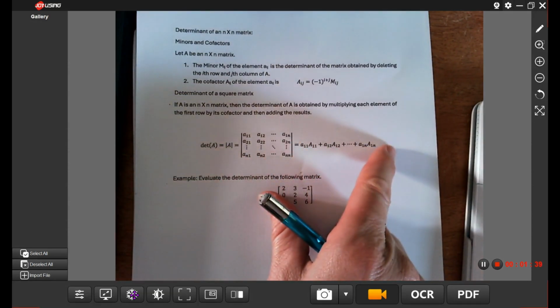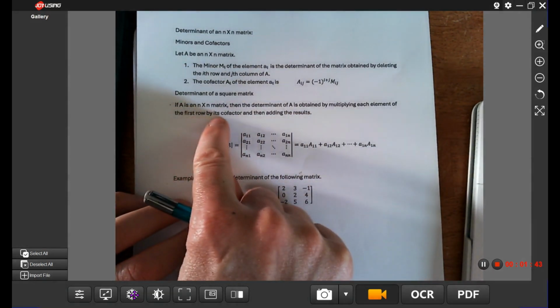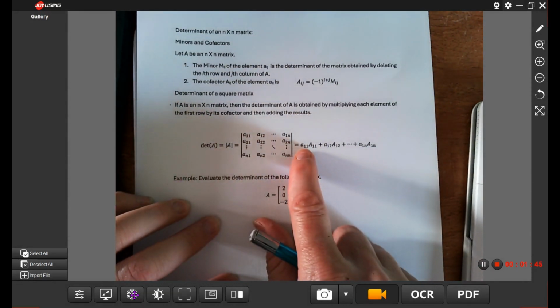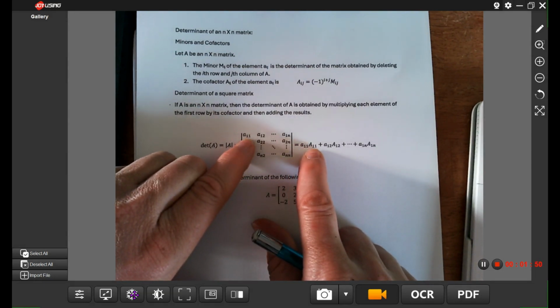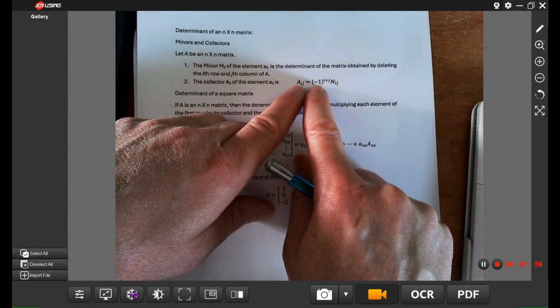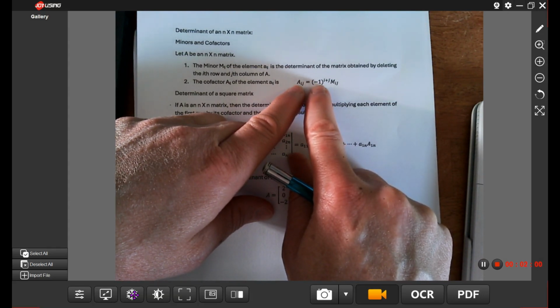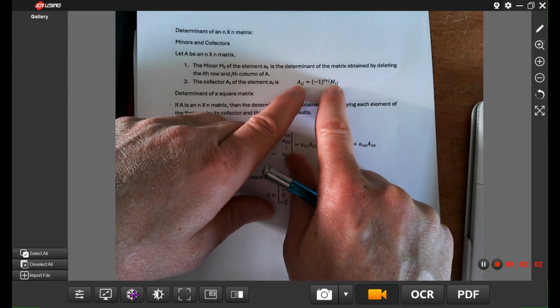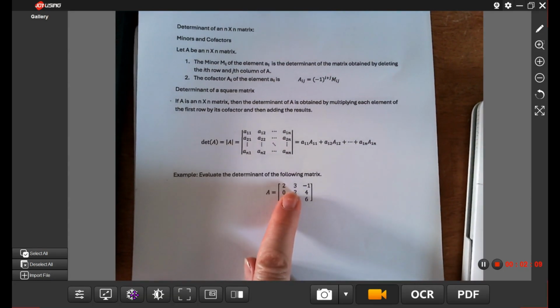And it's the sum of, now notice we're talking about the first row of the matrix. So we take the entry A sub 1,1 and multiply it by capital A sub 1,1, which is this factor that tells us whether it's positive or negative, and then this determinant of a matrix that's called the minor. So we're going to do this on this example.